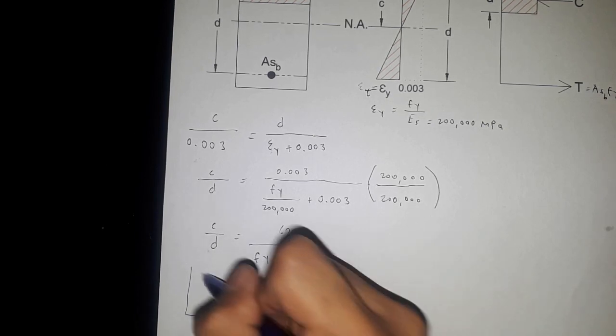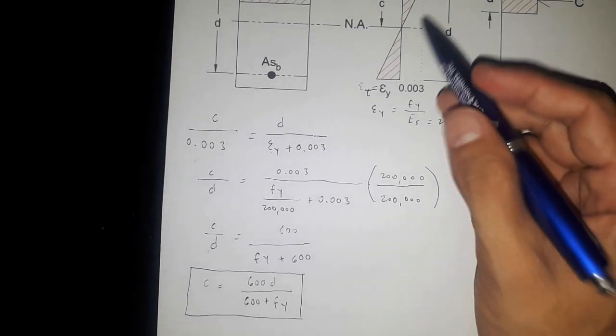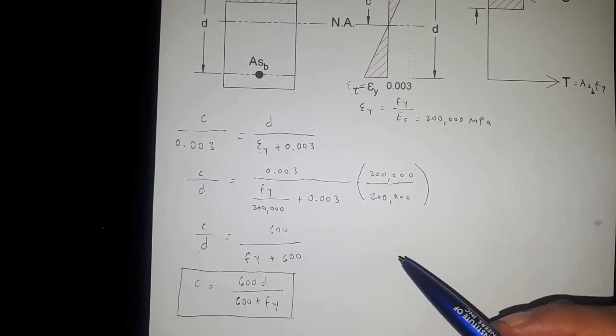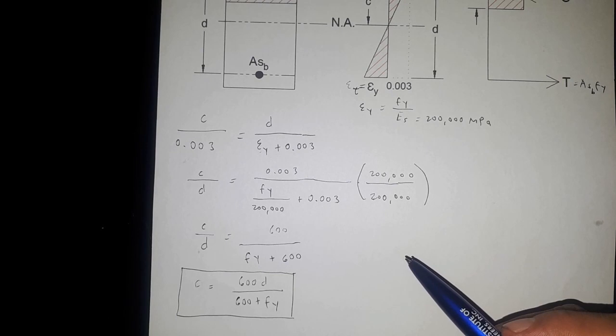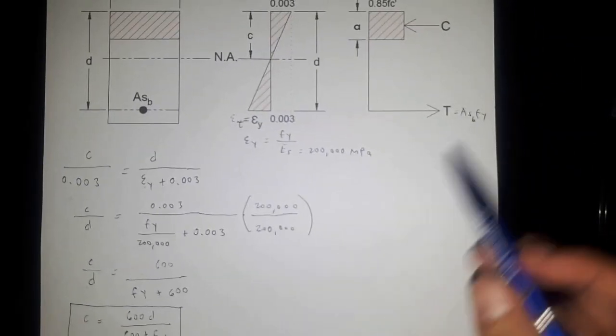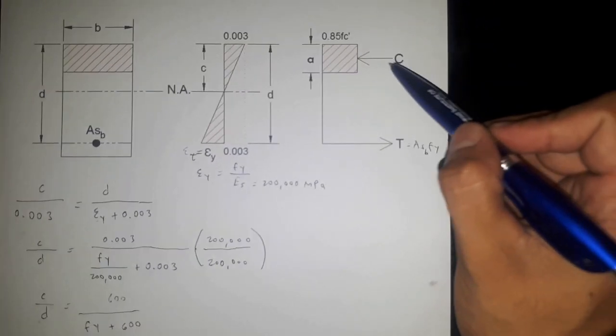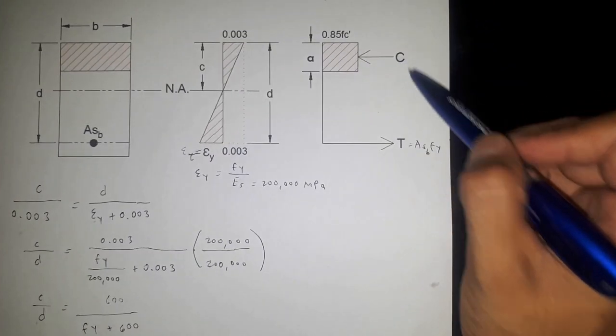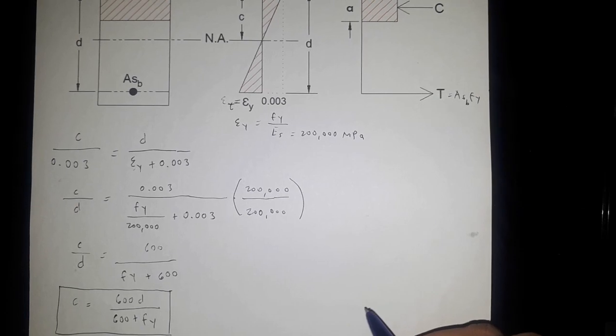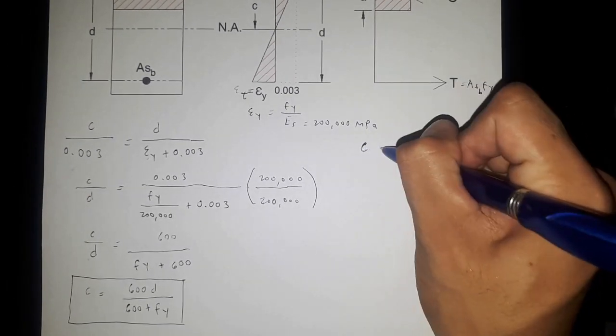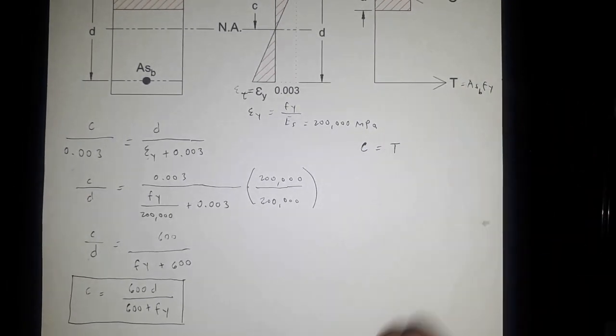So, ito na yung value ng ating C under balance condition. Now, since this is a couple of forces, yung C natin dito is equal to T. So, we have C equals T.